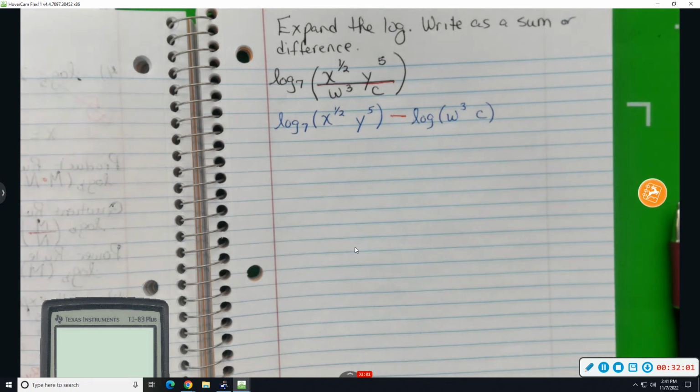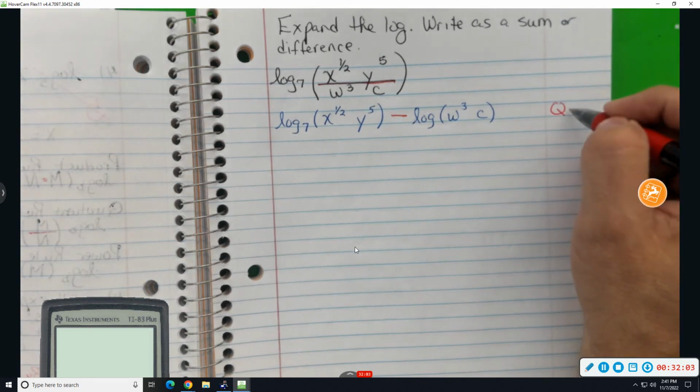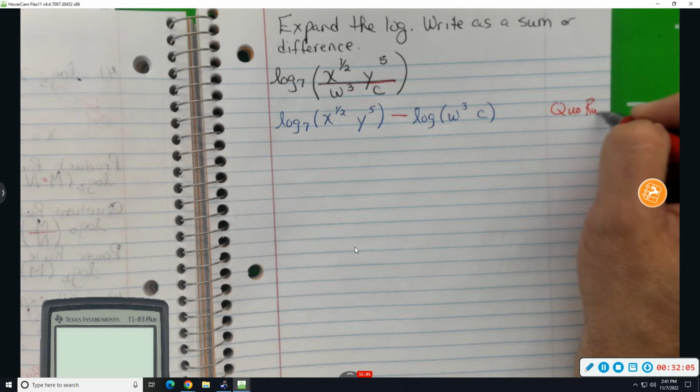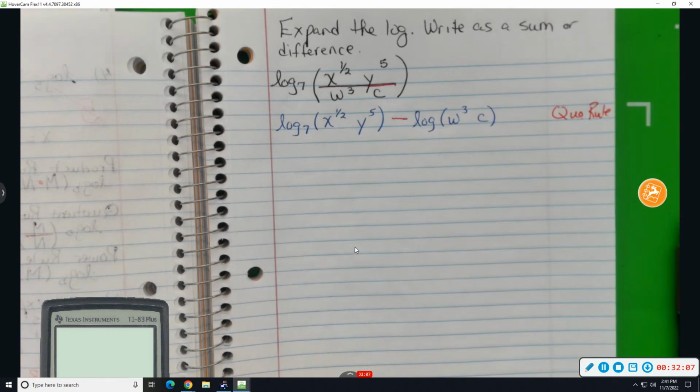That's the quotient rule. I'm labeling out these steps, although I'll never do it again. Once I'm through with this one, we'll see if we can figure out how to go from one to the final answer without showing all these steps.